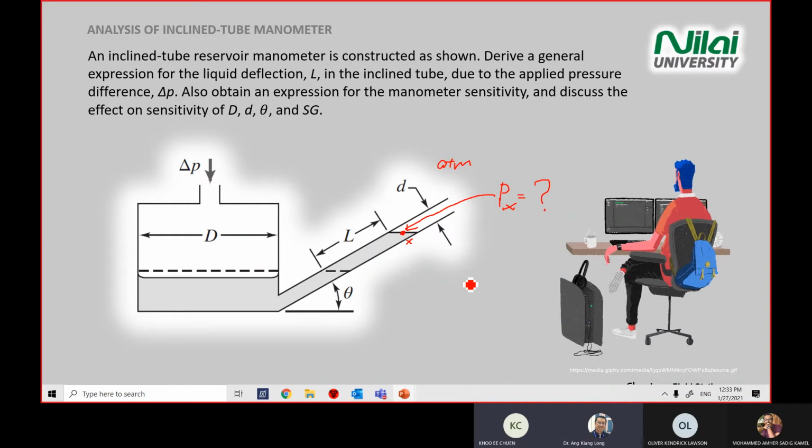The hint is, it is exposed to atmospheric pressure. I'm asking you about the gauge. Don't give me the atmospheric pressure value. I ask you the gauge pressure. What do you get from your reading? If you install a sensor there, what is the reading that you get at point X?